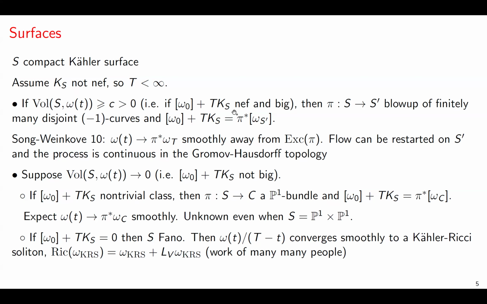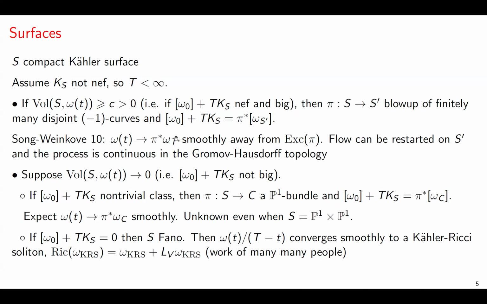And then your nef and big class, you somehow contract, in this case it would be the null locus, and you make it into a Kähler class on a new space. And then Song and Weinkove, this is much more recent, in 2010, they proved that away from the exceptional locus of this contraction, you have smooth convergence to some metric which is pulled back from S prime.